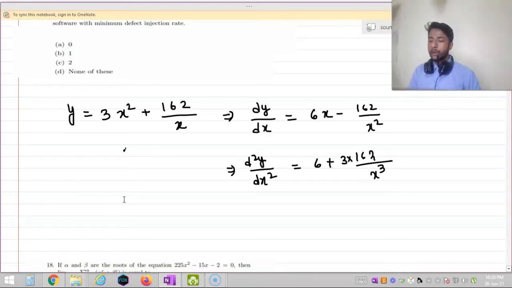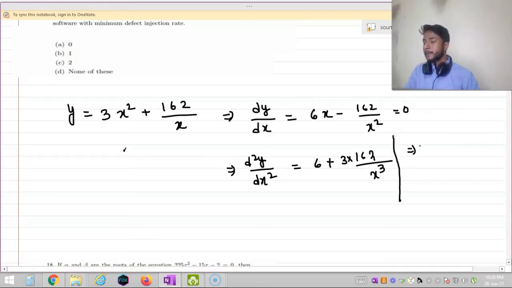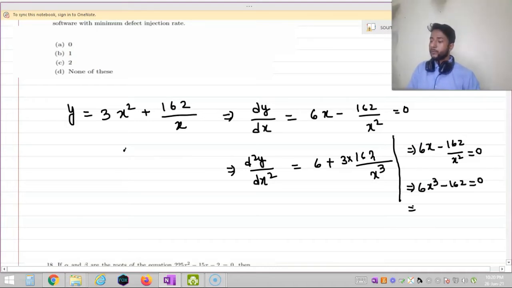Now putting dy by dx equal to 0: 6x minus 162 by x squared is equal to 0. From this, 6x cube minus 162 is equal to 0, so x cube equals 162 by 6.